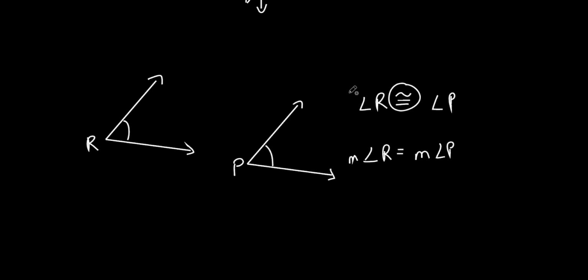If the two angles are congruent, it means they have the same measurement. Right here, they just tell you the measure of angle R is equal to the measure of angle P. I know that's kind of weird. It's a little bit strange, but let's do one more thing. Got a few minutes left here.